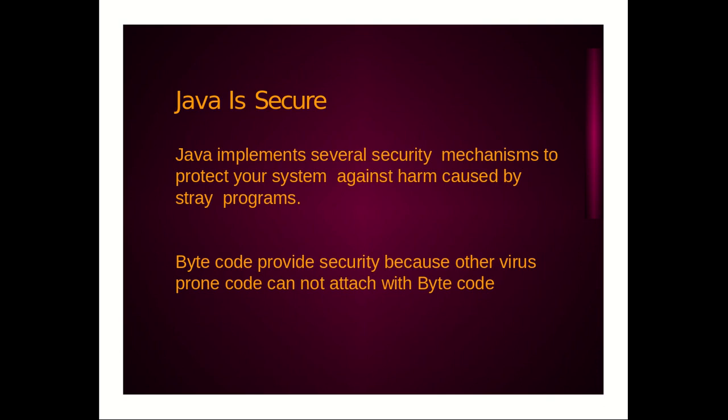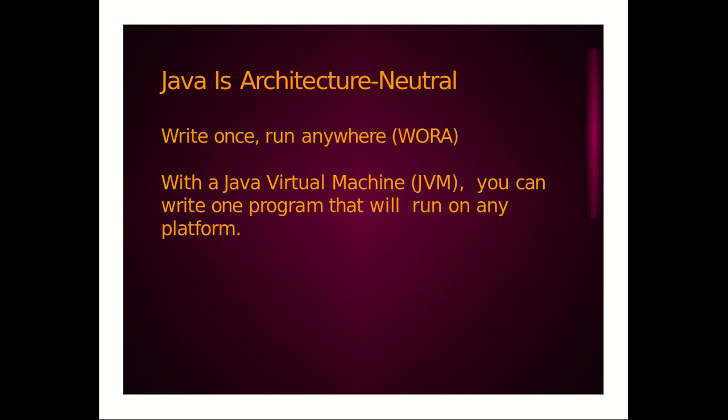Java is a secure language. Java implements several security mechanisms to protect your system against harmful programs. Bytecode provides security because other error-prone code cannot be attached to the bytecode. That is why Java is a secure programming language. Java is an architecture neutral language. That means write once and run anywhere.